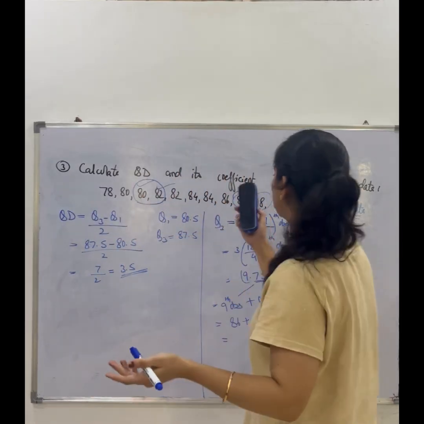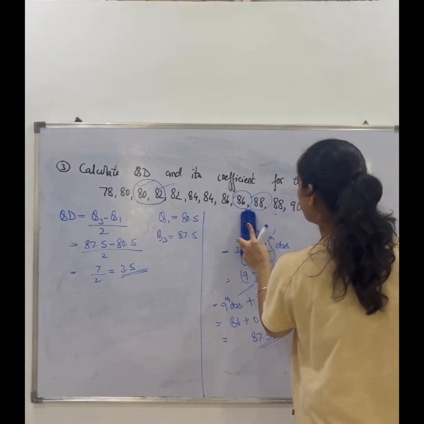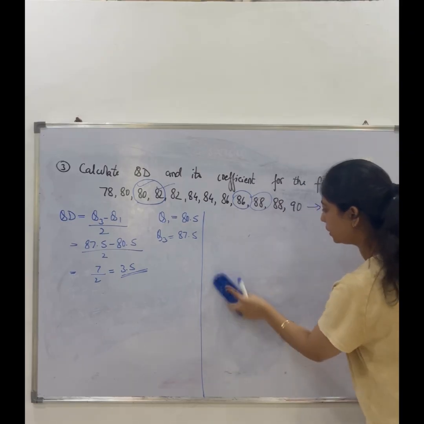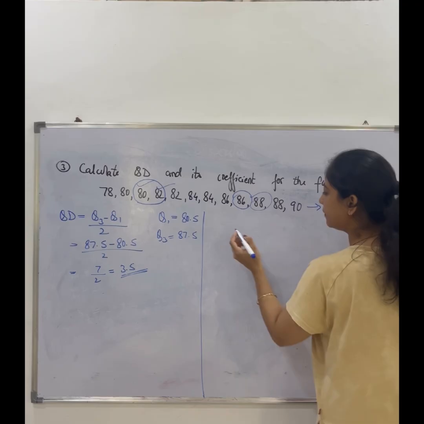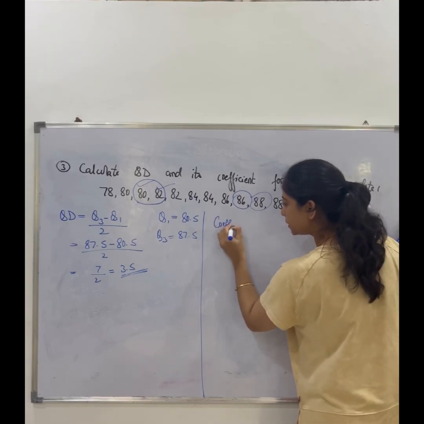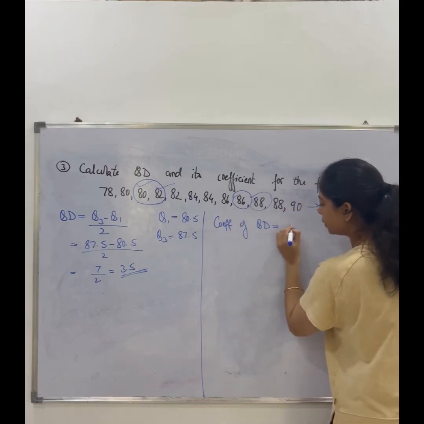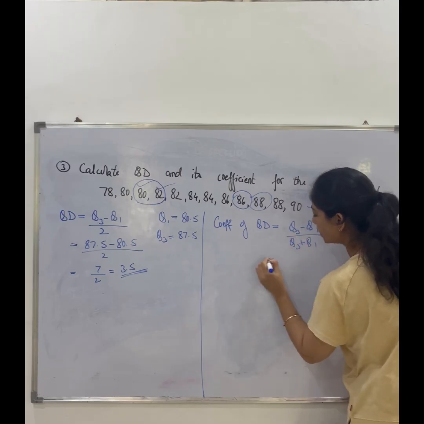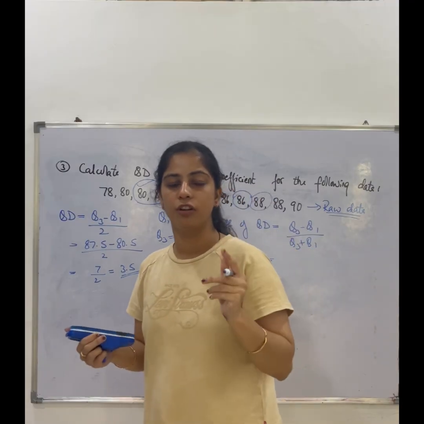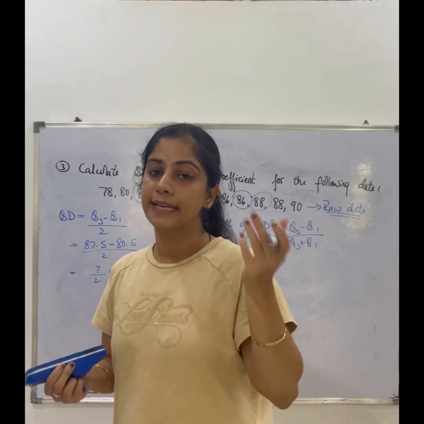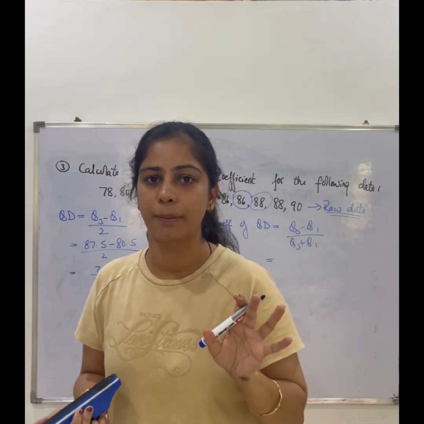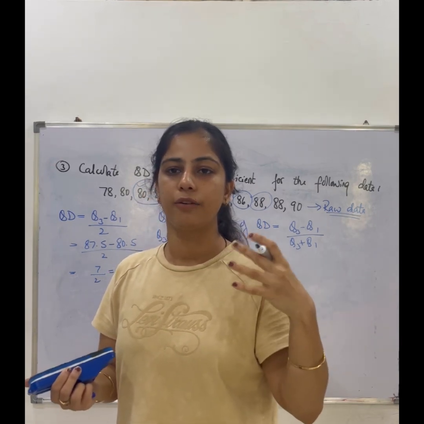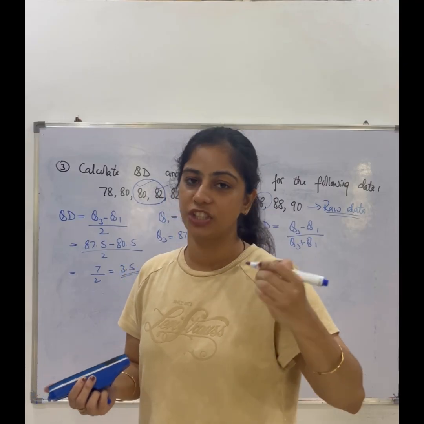Now let us find out the coefficient also, because that is also asked in the question. So the coefficient for quartile deviation is equal to Q3 minus Q1 by Q3 plus Q1. It is a very good practice to always mention the formulas and then do the substitution, because everything carries marks, and second, you get to learn the formulas faster when you keep practicing them for every question.